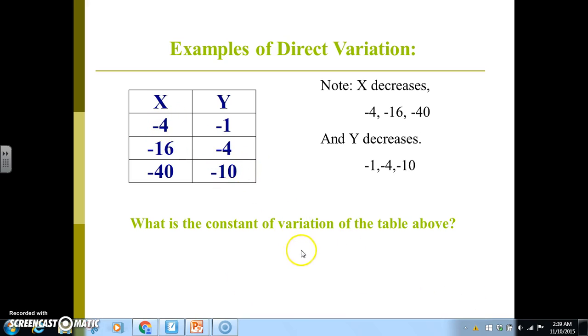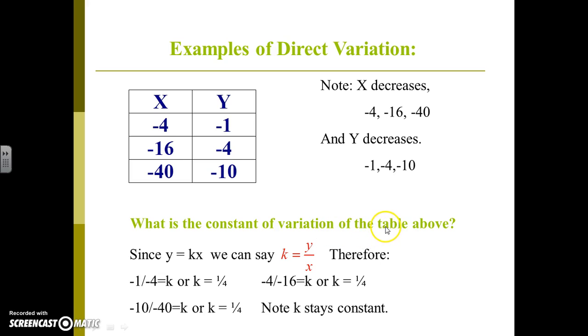What we want to do is just look at the values y over x. So we see that in each case it's 1/4, and the k stays constant, and we're looking at y equals 1/4 x as the equation.